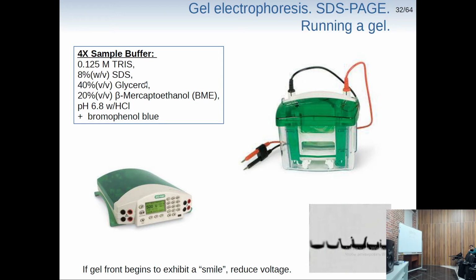We need glycerol to make it heavy and less prone to diffusion. We have additional SDS, we have some Tris as a buffer, we have bromophenol blue as a color, and also we need to take into consideration that there are a lot of cysteine bridges in our proteins. Will it be possible to denature such protein using only SDS?